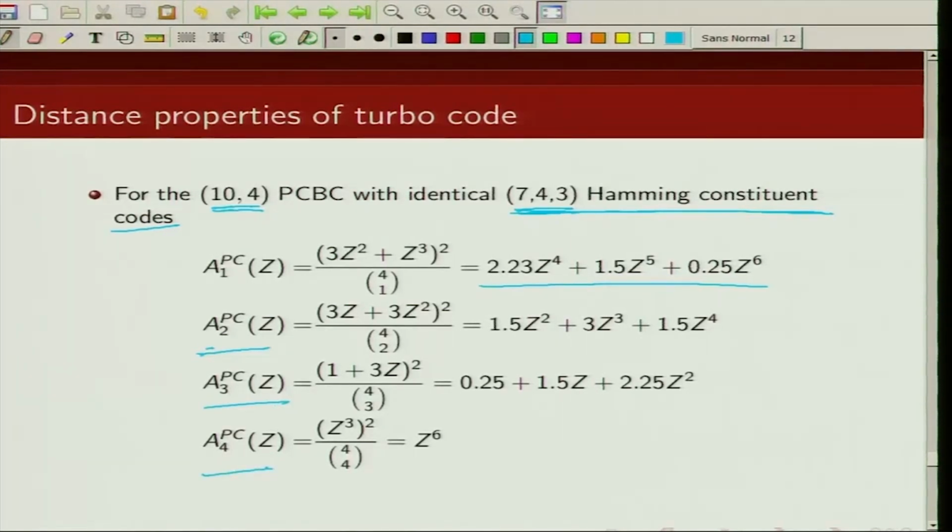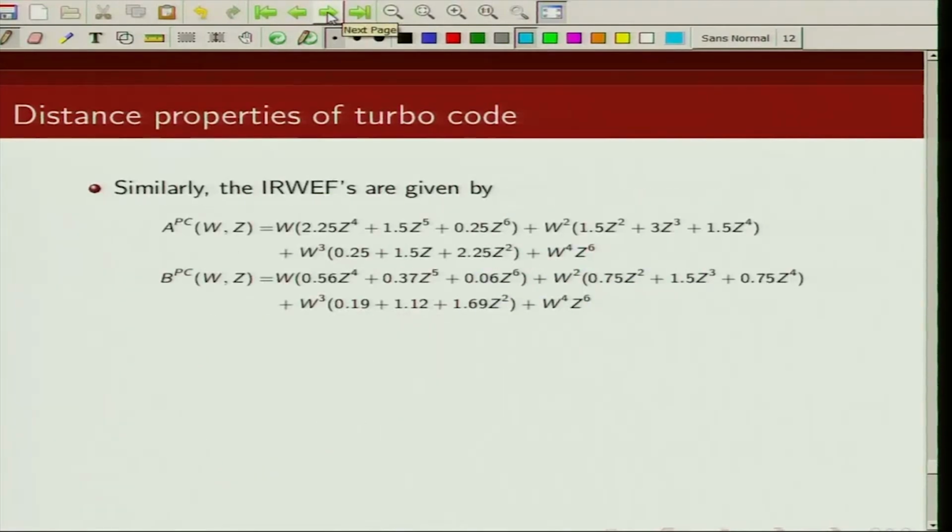Now note the difference from the constituent encoders that we have studied. Here you can see these coefficients can come as non-integers, right? That's because we are averaging over all possible interleavers.